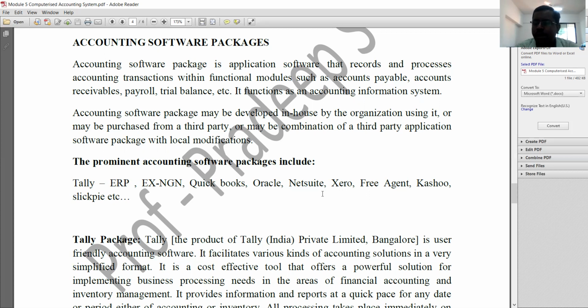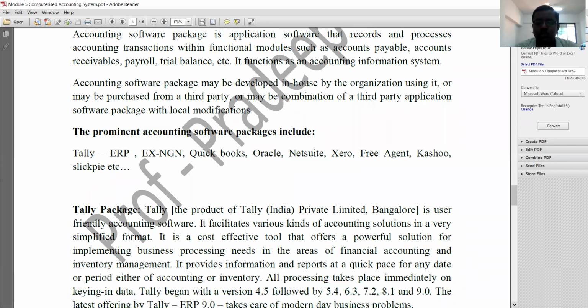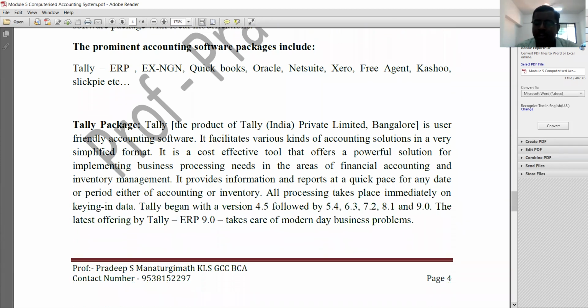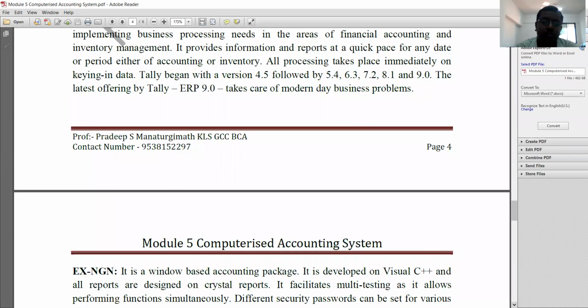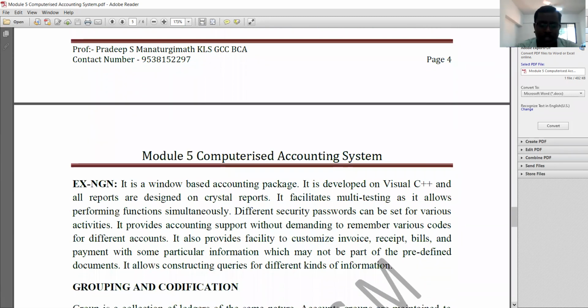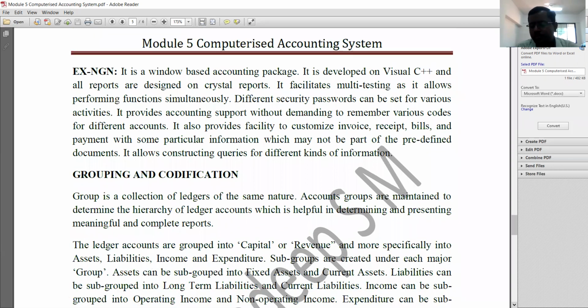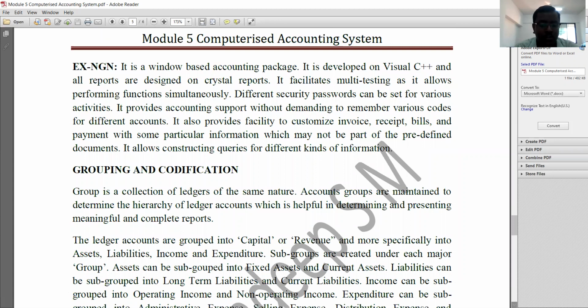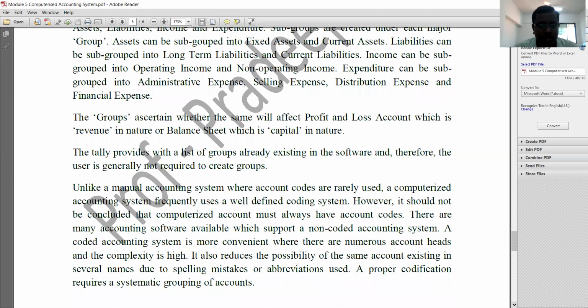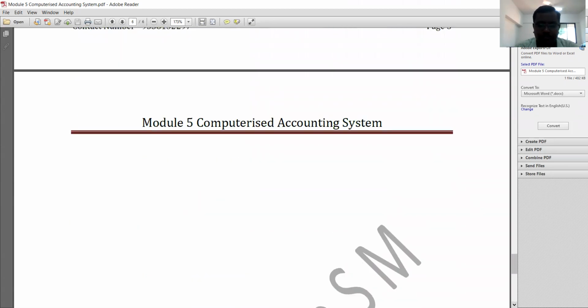Like this, you will find n number of prominent accounting softwares that are used by different organizations. Use of these accounting softwares depends upon what? It depends upon the needs of the companies. Understood? So this is about the computerized accounting system.